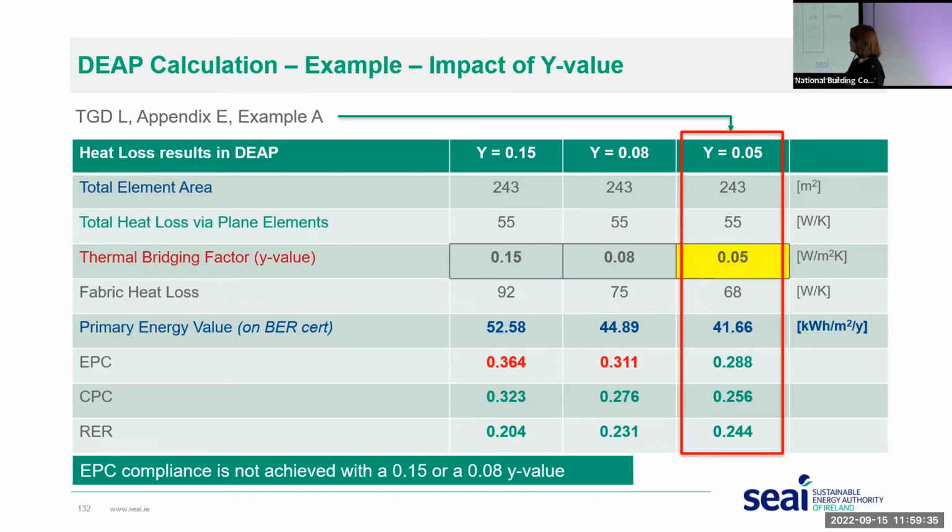It's much higher for the 0.15. It also impacts then on the primary energy value that's displayed on the BER certificate. And it also impacts on the EPC, CPC and ORIOR calculations. In this example, the building does not meet EPC compliance when you use a 0.15 or a 0.08 Y value.